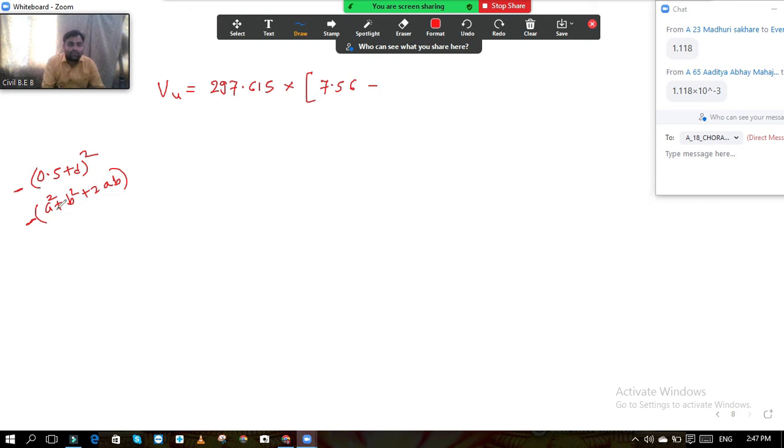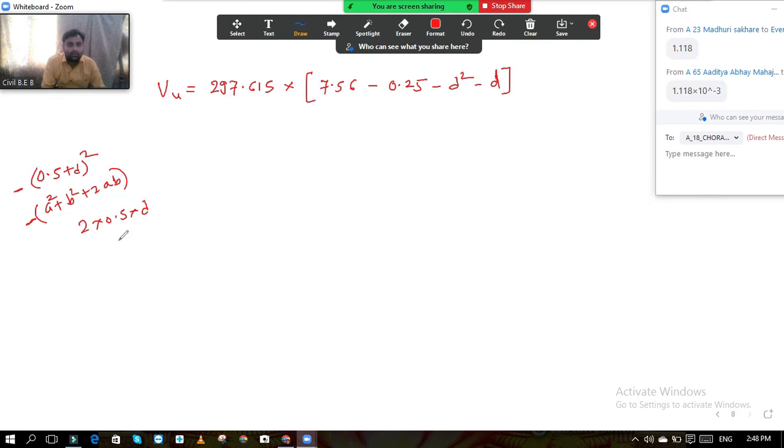Suppose a is 0.5, so a square is 0.5 square, which is 0.25. Then b square means d square, so minus d square as it is. Again, minus 2ab. 2ab means 2 into 0.5 into d, so it is only d. 2ab is d.